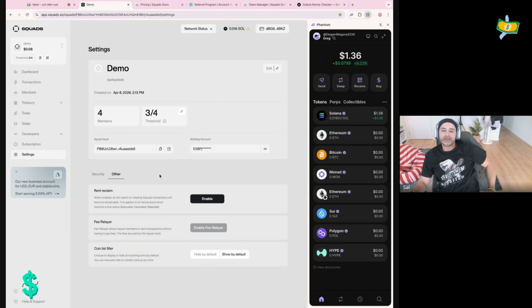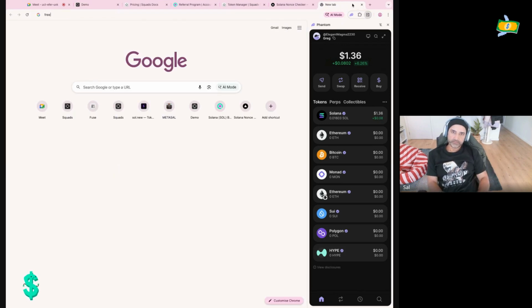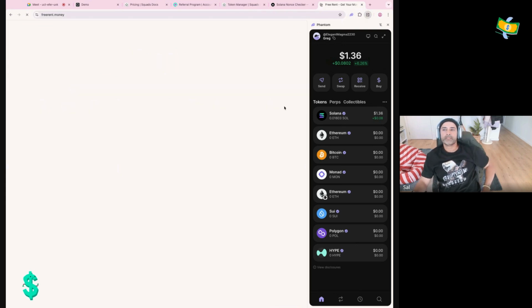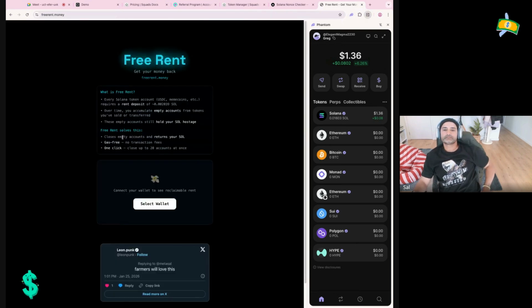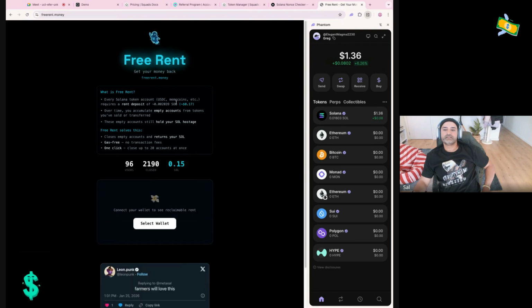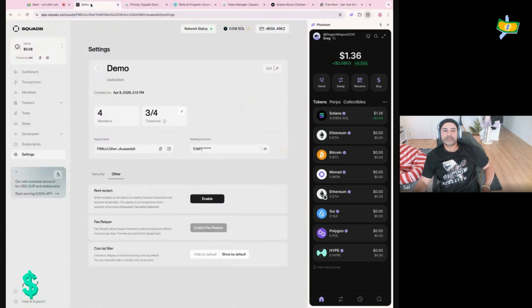So every month or every couple of days, you should come and automatically enable this to get some money back by closing accounts, which is currently, I think, like 20, or probably 15 cents now. 17 cents. So for every time you execute a transaction, you're spending 17 cents that you can get back.